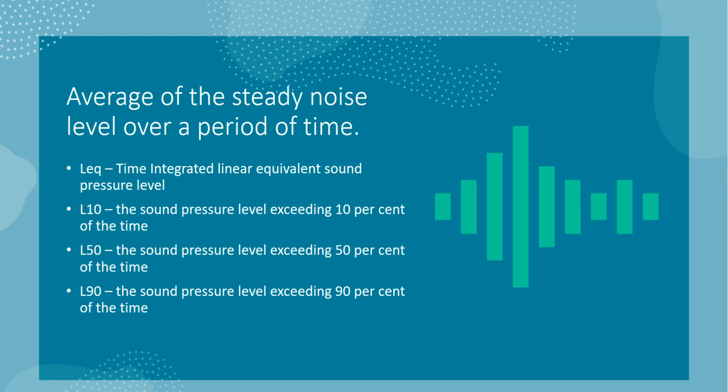So you can take the indicator that L10 is 90 decibel, and L90 is around 30. It means it remains quiet for most of the time period.